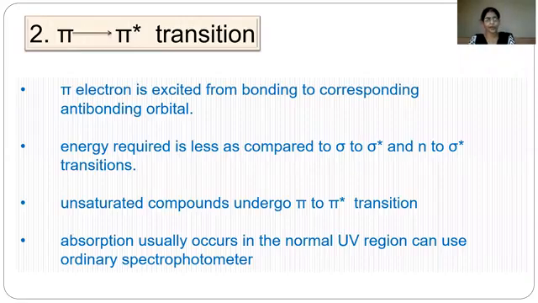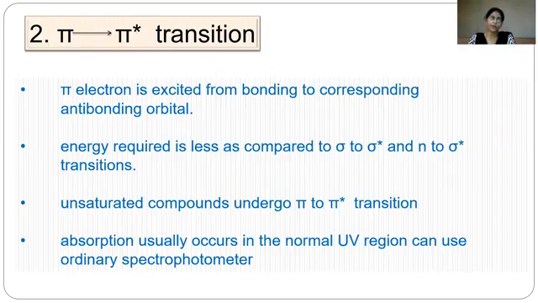The second type of transition is pi to pi antibonding transition. The name indicates molecules with pi bonds. Pi bonds are present in unsaturated molecules having double or triple bonds. A pi electron is excited from the bonding to the corresponding antibonding orbital.